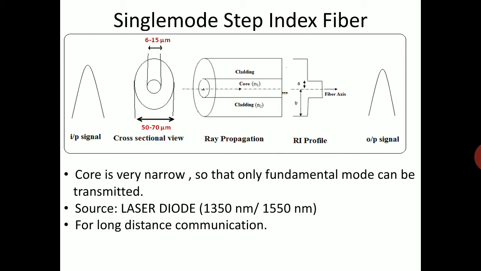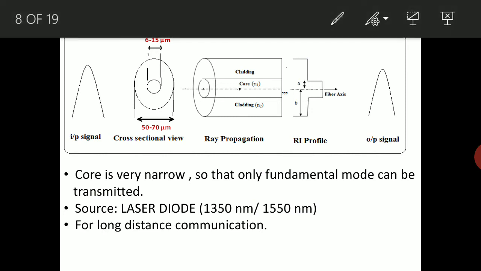The first one is single mode step index fiber. In the single mode step index fiber, the explanation is carried out through the ray diagram. Now this is the cross sectional view of the single mode fiber.